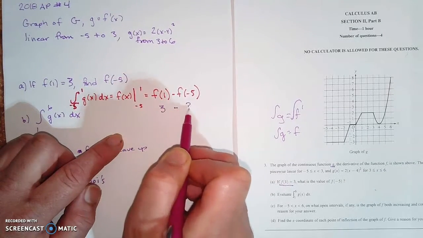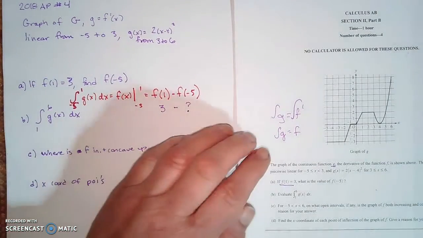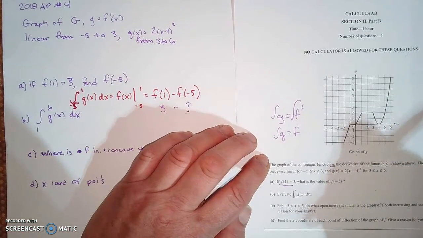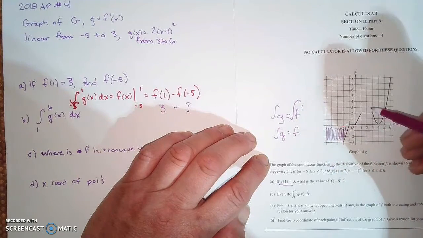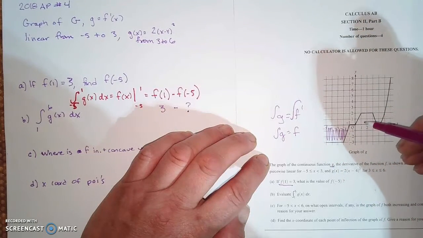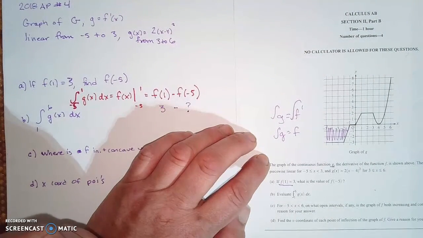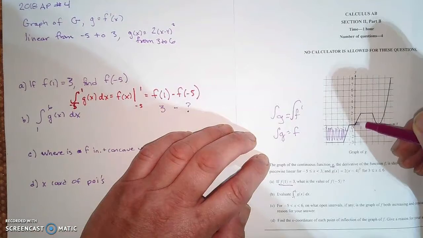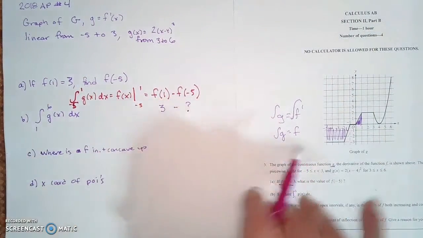They want me to find this, and I can find the area under the curve between negative 5 and 1, all this area, all the way up to 1. Must be that much right there.